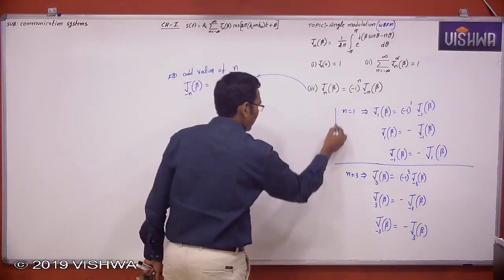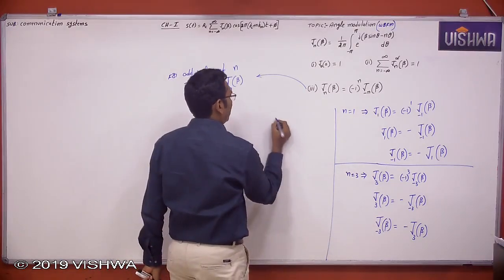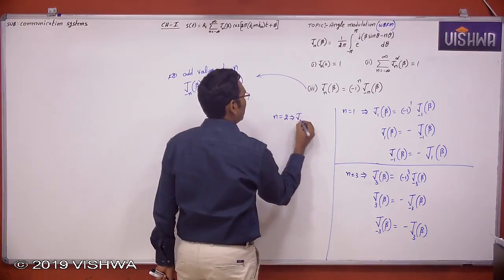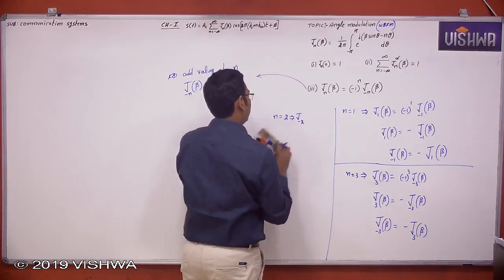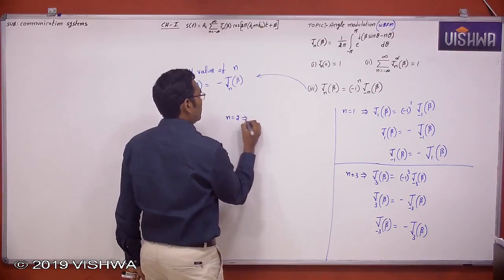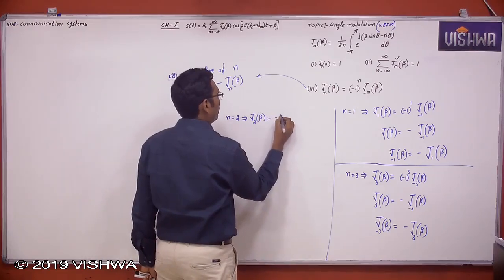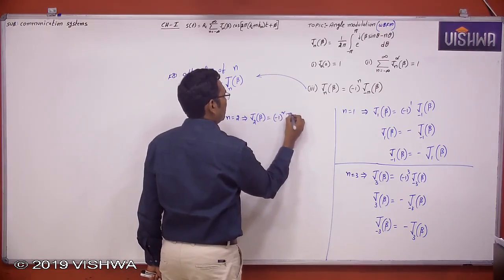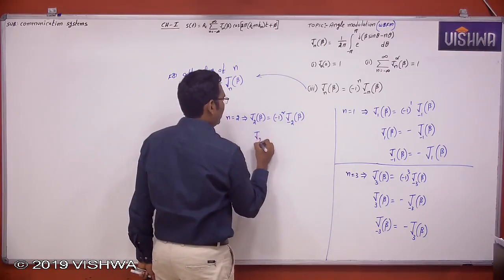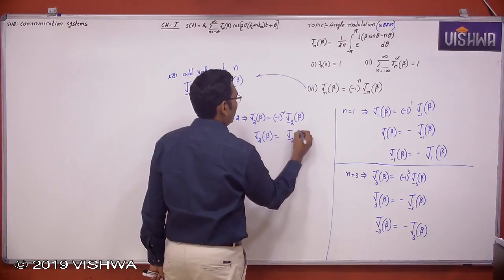Now similarly, if n equal to 2, J2 of beta is equal to minus 1 whole square, J minus 2 of beta, which is equal to J2 of beta, which is equal to J minus 2 of beta.